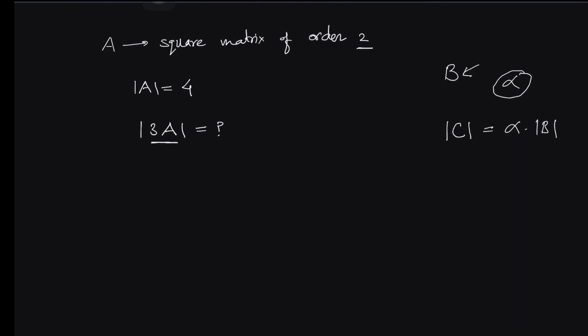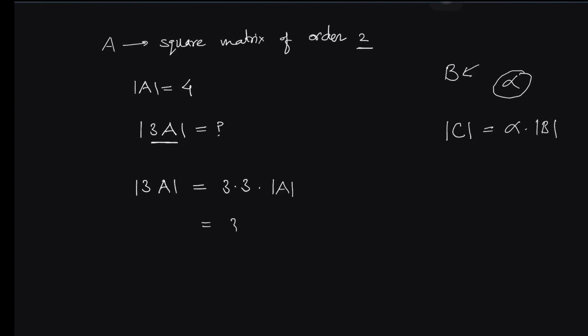So the determinant of 3A: in the earlier example, alpha was multiplying only one row. But here we have a matrix A of order 2, which means we have 2 rows. So this 3 will repeat 2 times, because it has 2 rows, into the determinant of the matrix.